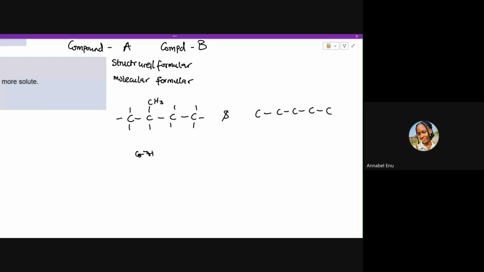We have this, and this can be summed up to be 5 carbons, and the hydrogen is 1, 2, 3, 4, 5, 6, 7, 8, 2, 4, 6, 8, 10, 12. And the next one we have.